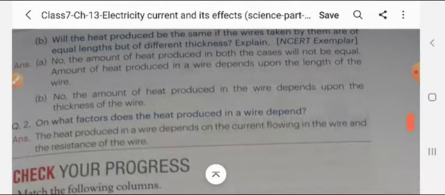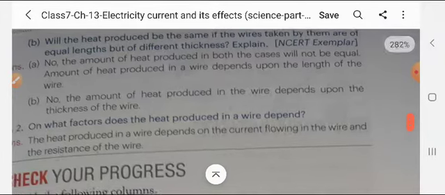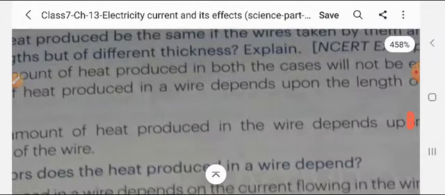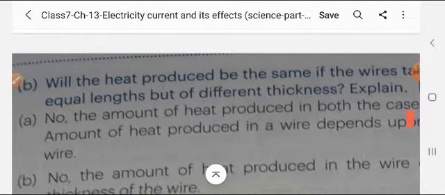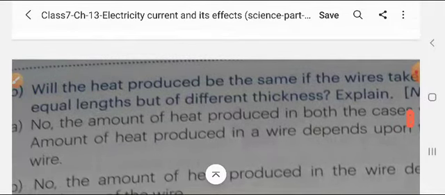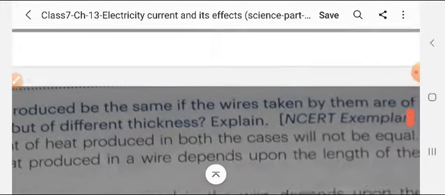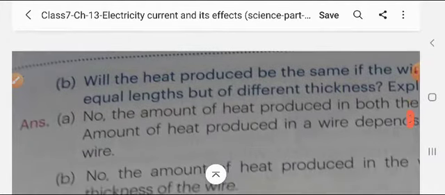Next, student, one more question: will the heat produced be the same by the 10 centimeter wire and the 5 centimeter wire if the wires are of the same material but of different thickness? Suppose both wires are of 10 centimeter length, but one wire is thicker than the other.